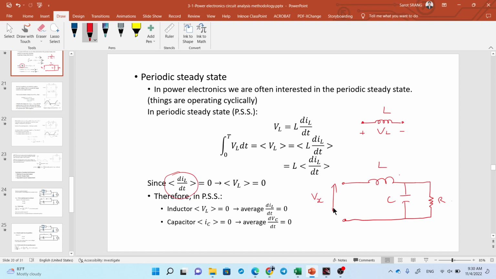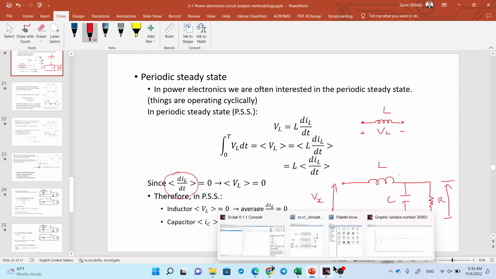Let's say the pulse is like a rectangle waveform, and then you have the output voltage here, which has the form of periodic as well. Okay, it has periodic waveform. And that waveform, if you look at the steady state, I'm going to show a simulation here.